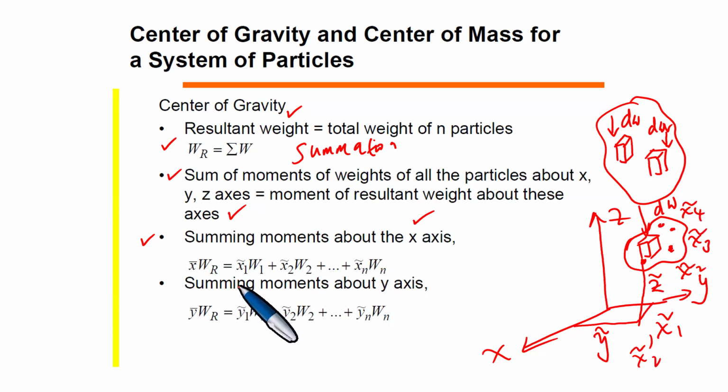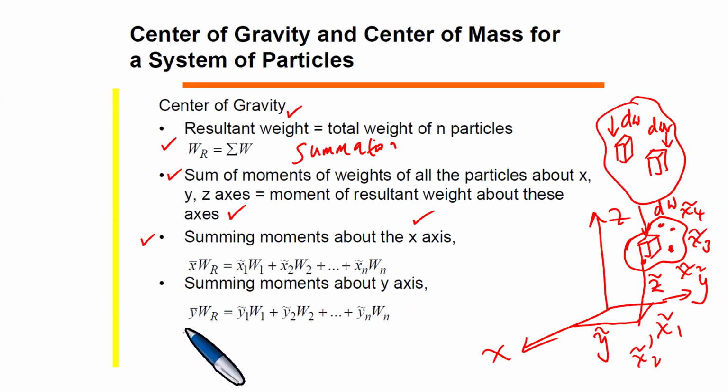But now each of these has its own weight, in which case you shall say that x1 tilde times weight 1, x2 tilde times the weight of that particular particle, and so on, until the nth particle times the weight of that nth particle. Summing the moments about the y-axis is not different.